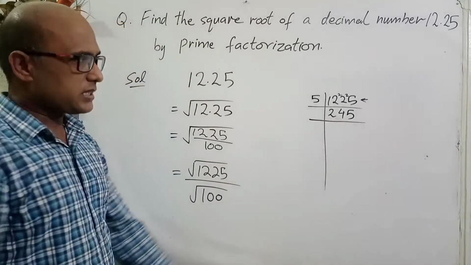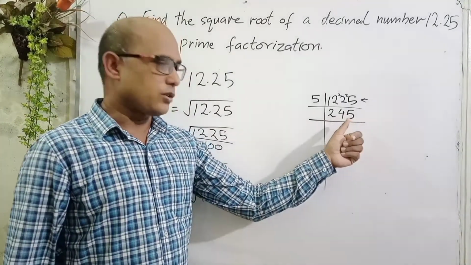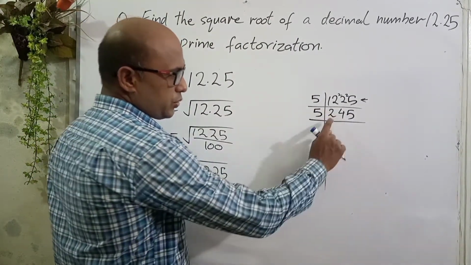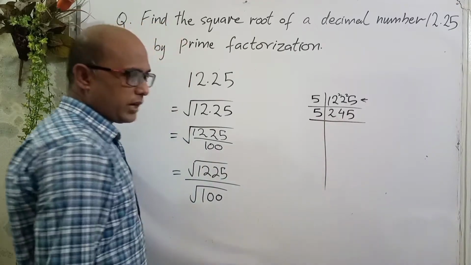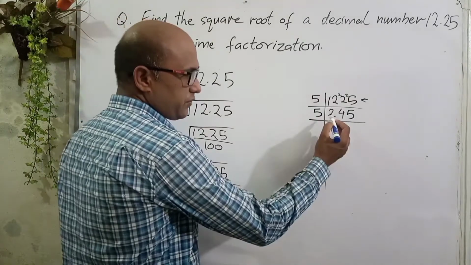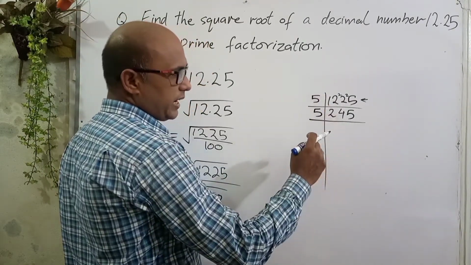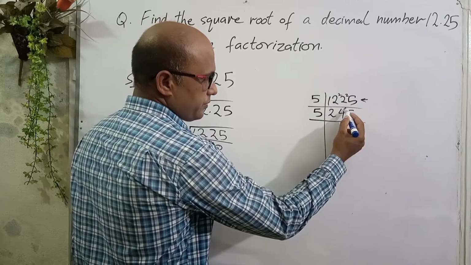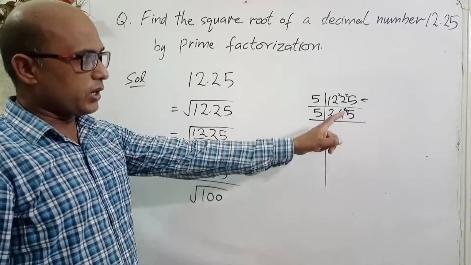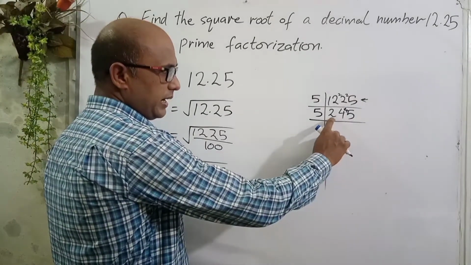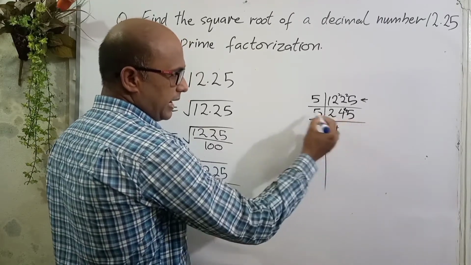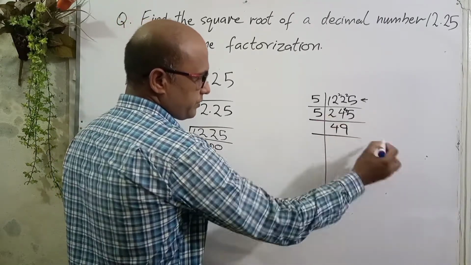So next, it is also divisible by 5. 24. 24 is not divisible by 5, so we'll shift 4 from 24 to the next number. We'll give away 4. The next number will become 45 now. The remaining number here is 20. So 5 4s are 20 and 5 9s are 45.